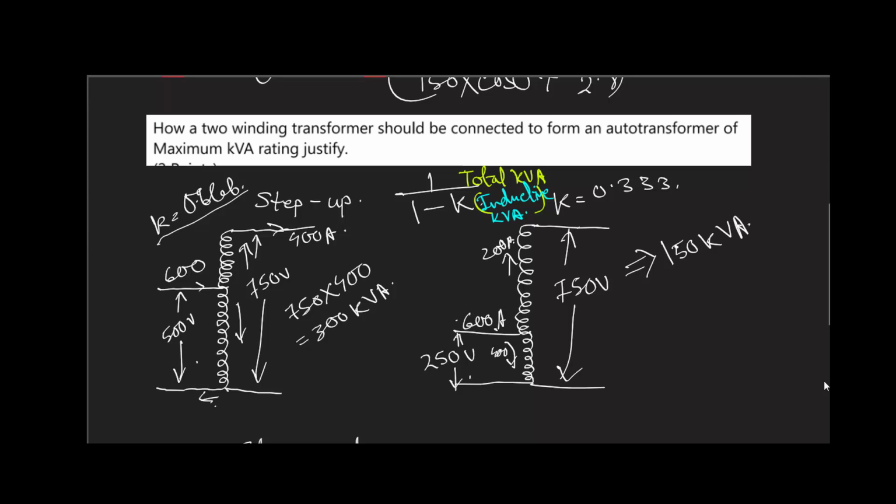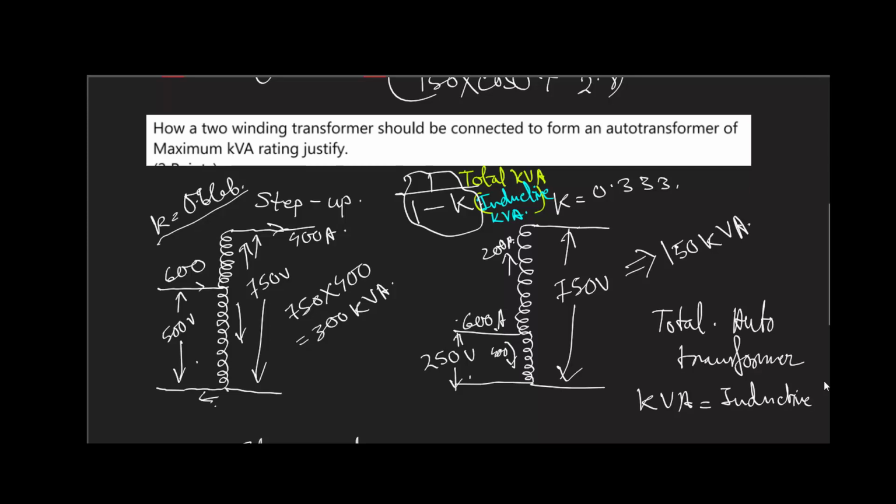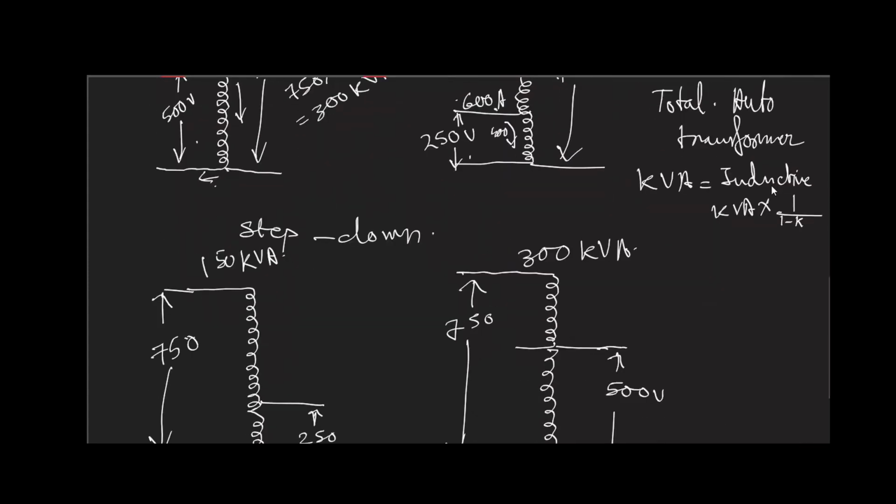Now if you somehow can change this ratio, like the total auto transformer kVA can be something like... So inductive kVA remains constant.